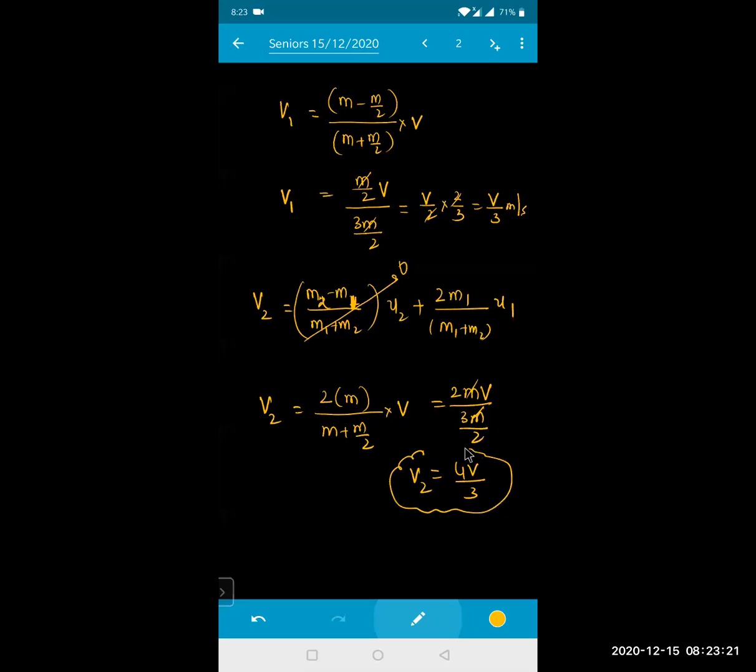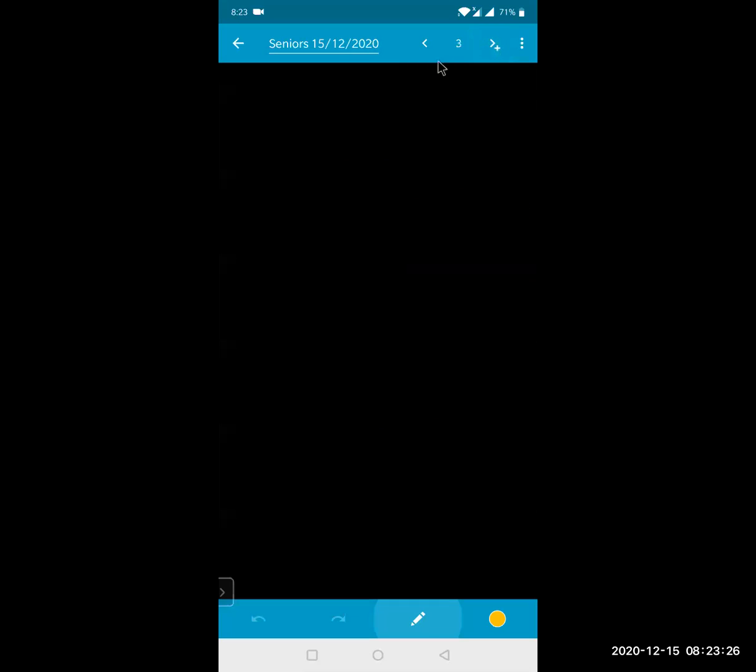So we got the velocities v1 as well as v2. After collision, the de Broglie wavelengths of A and B: the wavelength of A is equal to h by m into v1.